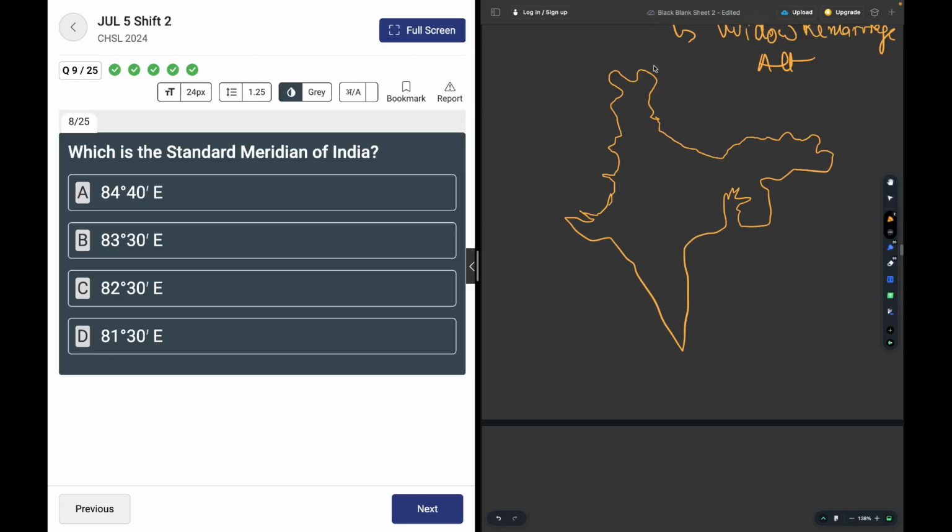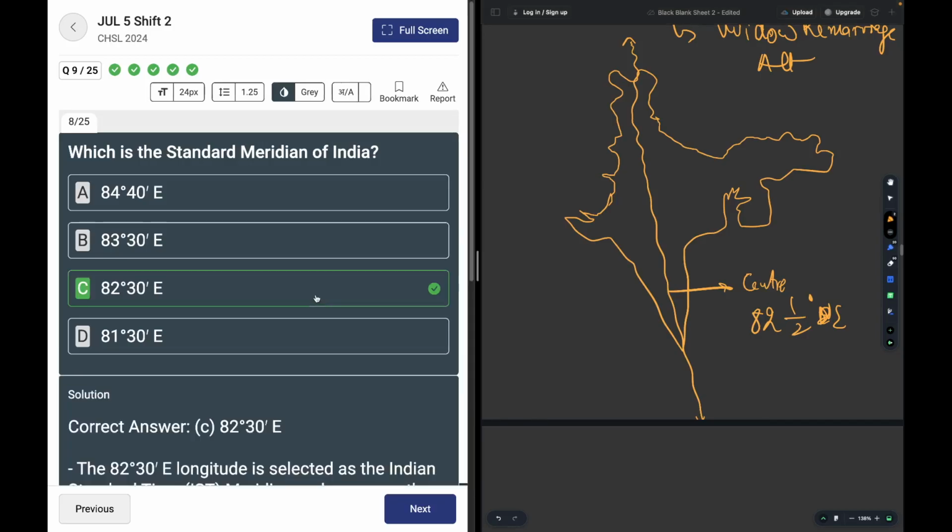Okay, so there is a particular standard meridian of India which passes along the center. It is a straight line. I am drawing this jiggly line very deliberately because that is the only way I can make the most straight line. So this passes through almost the center of India, and it is 82.5 degrees east. Okay, so this is the answer, 82.5 degrees east.